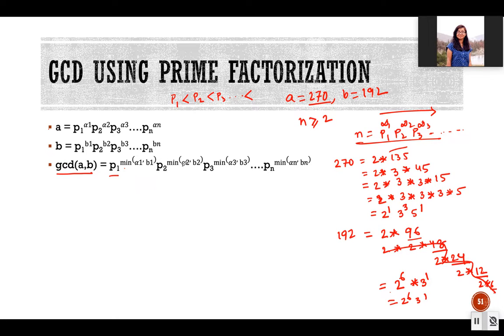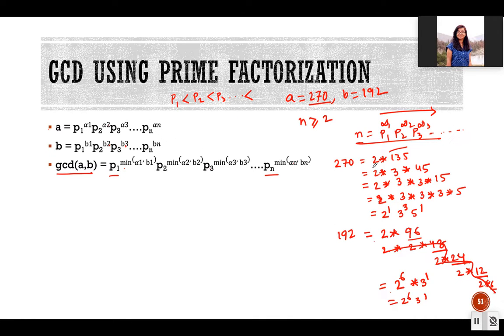For P2, I'm going to take the minimum of alpha 2 and beta 2, and the same for P3, the minimum of alpha 3 and beta 3. These are the common prime factors for A and B. For Pn also I'm going to take the minimum of alpha n and beta n.